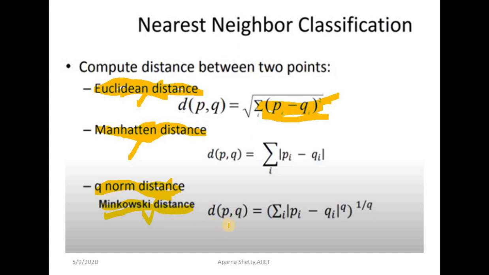Minkowski distance between p, q is given by the summation of mod of pi minus qi to the power q, whole to the power 1 by q. These are the three distance metrics used to calculate the distance between the test data and the training records.